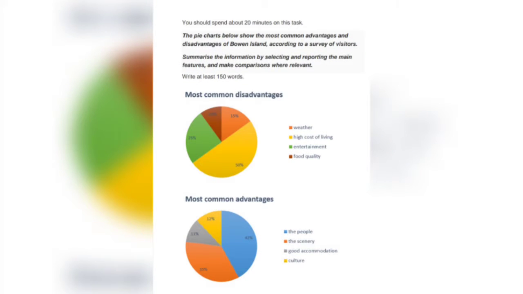Now, as the example for how to write the body, I'm going to present the example based on this data. As you've seen, the data is about the advantages and disadvantages of Bowen Island, which I also used for writing the introduction and the overview.